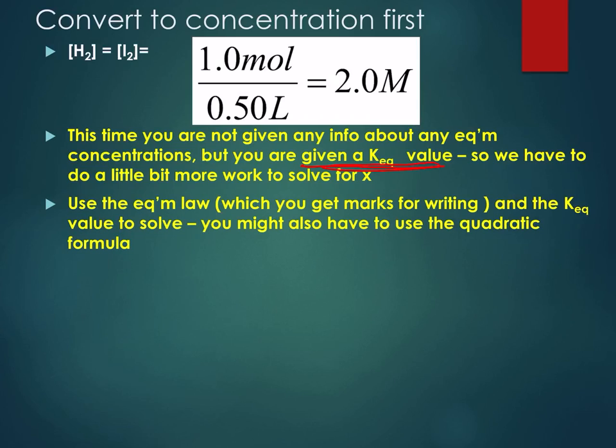And again, one of the big things about this unit is making sure you write out the equilibrium law with the correct exponents, products over reactants specific for that reaction. And then we're going to use the KEQ value.